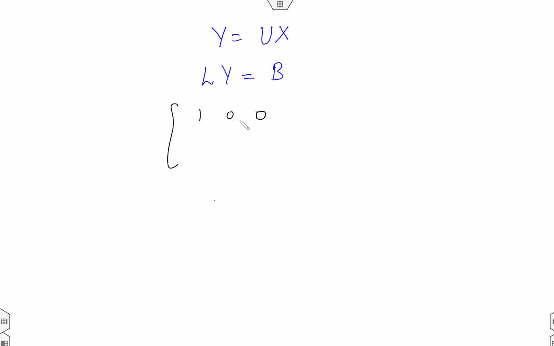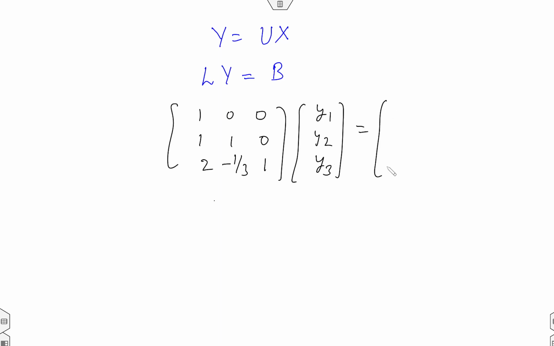So 1 0 0, 1 1 0, 2 minus 1 by 3 1, and y is a vector with components y1, y2 and y3, equal to B. Vector B is 4 minus 6 7. Writing in terms of equations, from the first row we get y1 equal to 4.